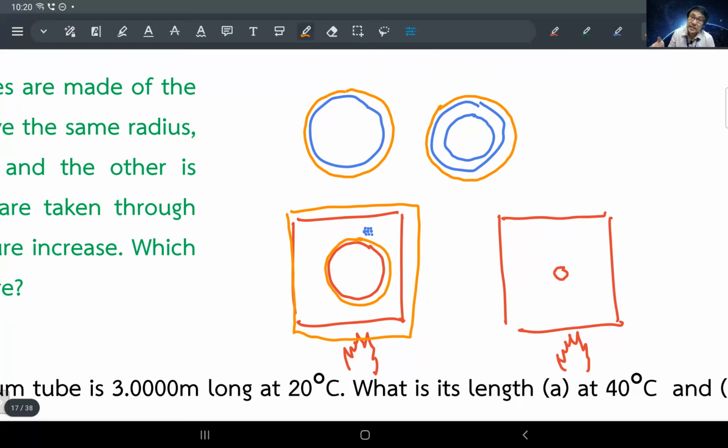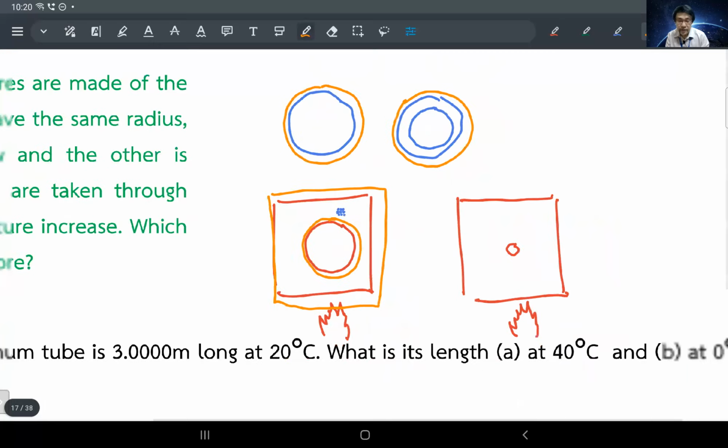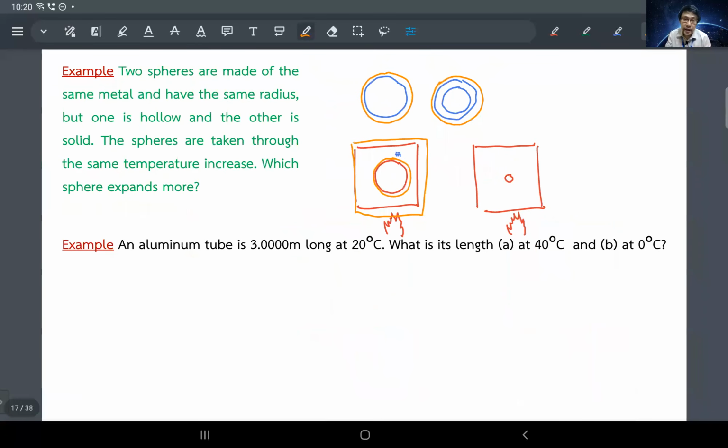But if you dive down to maybe 10 digits, then of course you might see some differences. All right, but that will be too much work for nothing. Okay, so given the framework of what we are doing, everything is linear, then we can say that the thermal expansion process is going to give the exact same results, no matter whether it's the solid or the hollow case.